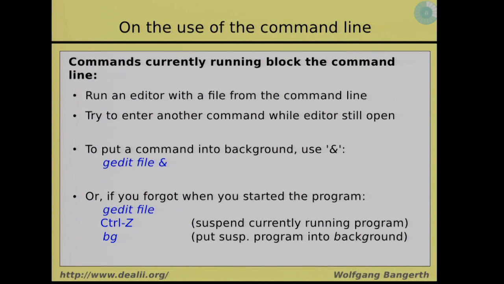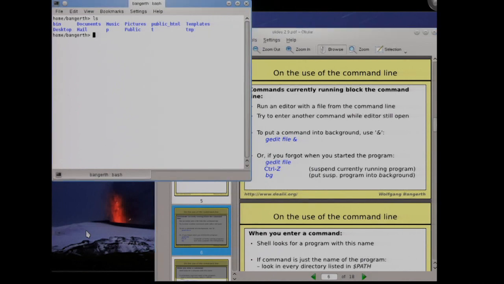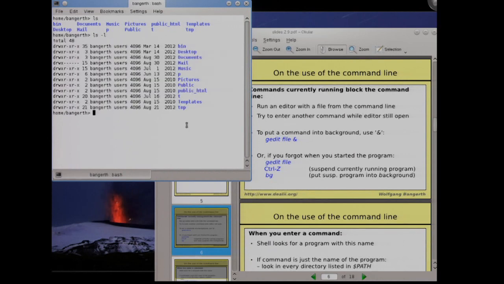So actually, maybe I'll call some of these commands and give you a little bit of an idea. I showed you what happens when I say ls. ls stands for list, so it just shows the current directory. If I say ls -l, I get the same kind of files, right? You see the creation date, sometime in March and August 2012 and 2010.